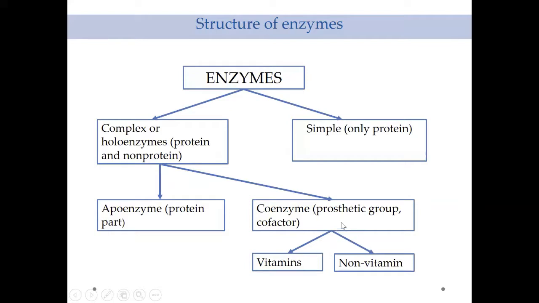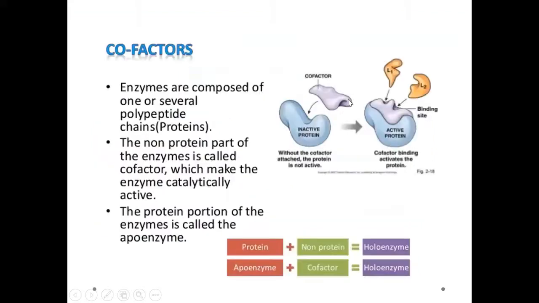Coenzymes, if we talk about their nature, may be of vitamin nature and non-vitamin nature. And the next picture illustrates the composition of enzymes. Here you see apoenzyme and cofactor, it may be coenzyme, and they form holoenzyme. Here the protein and non-protein parts together will be holoenzyme. And the enzyme illustrated in this picture is an inactive protein.